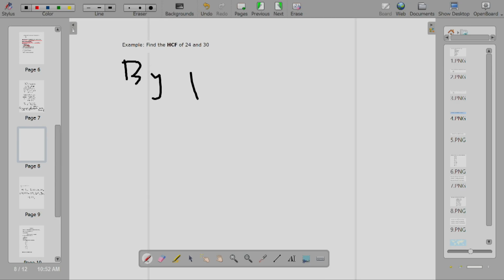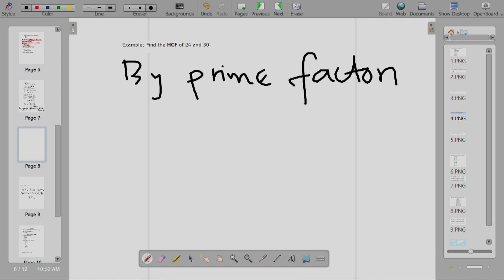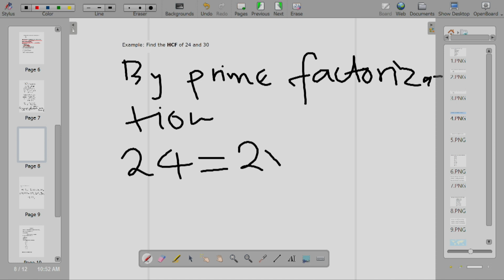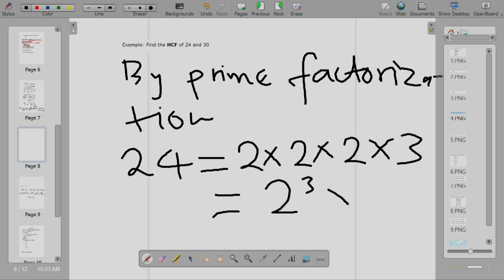So now let's do this example also by using the method of prime factorization. 24 equals 2 times 2 times 2 times 3, which is equal to 2 exponent 3 times 3.